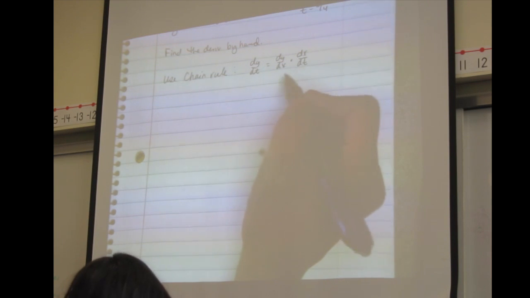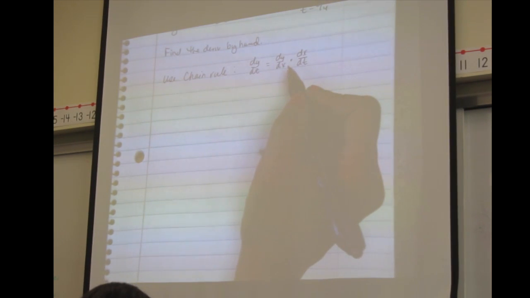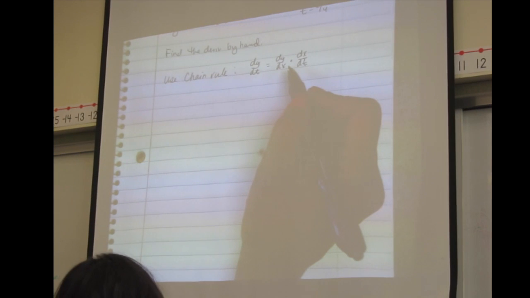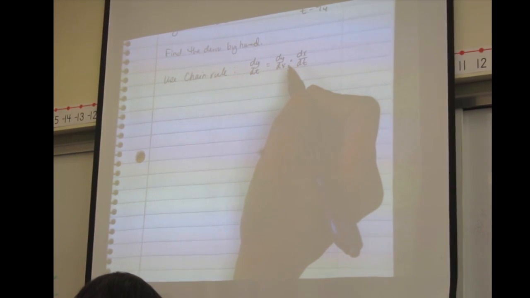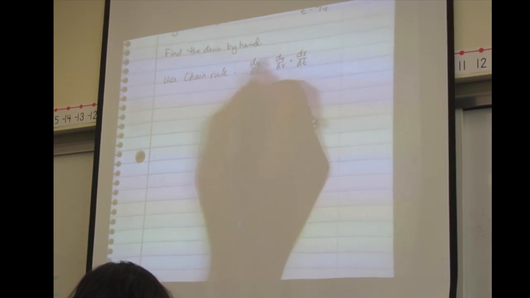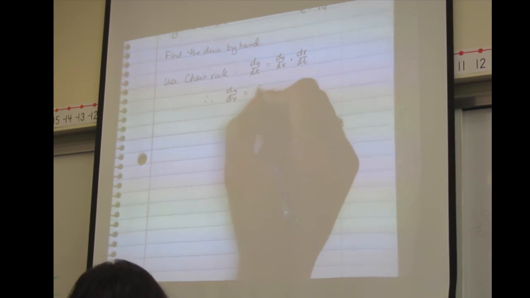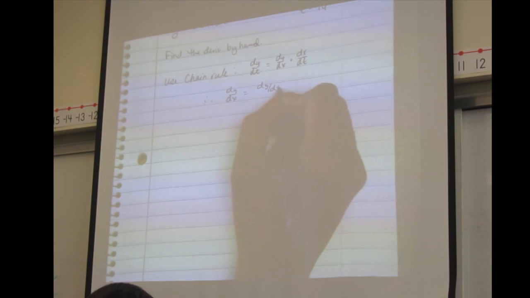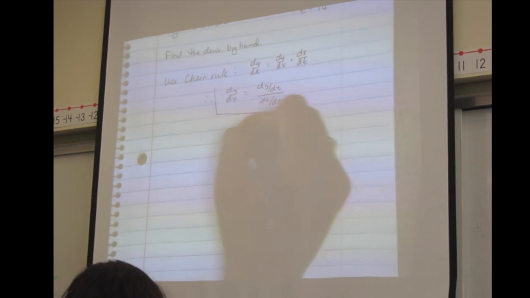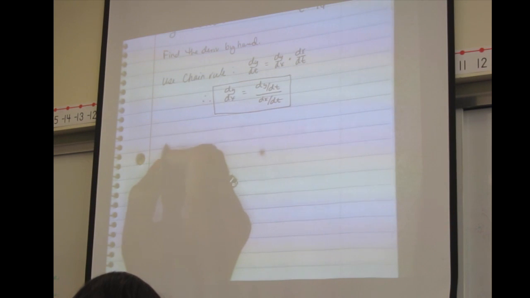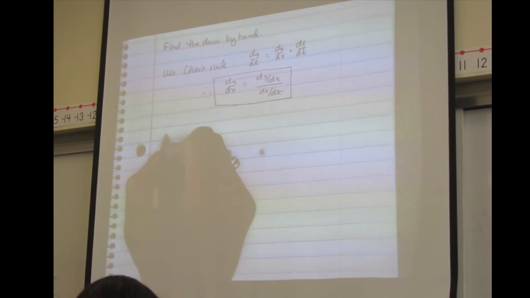And again, in your brain, what you're thinking is the dx's cancel out, but you will never ever say that outside this room. Okay? So therefore, dy dx is equal to dy dt divided by dx dt. Okay? So that's what we use, right?